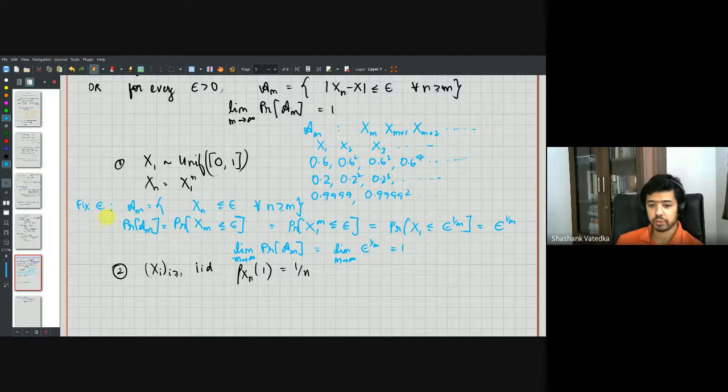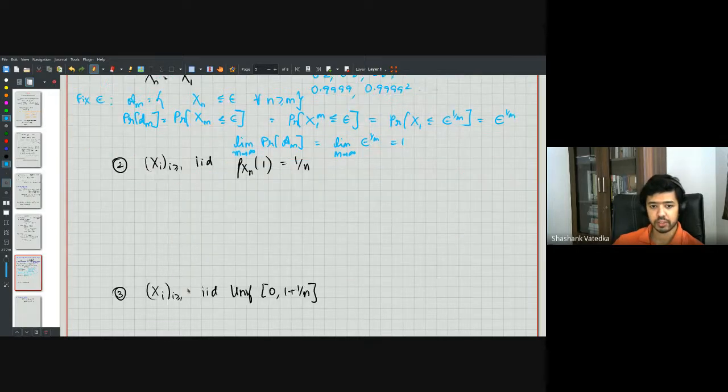So for every epsilon greater than 0, the probability of AM tends to 1 as m tends to infinity, right? So in this case, this sequence of random variables converges almost surely to 0. All right. So let's look at another example.